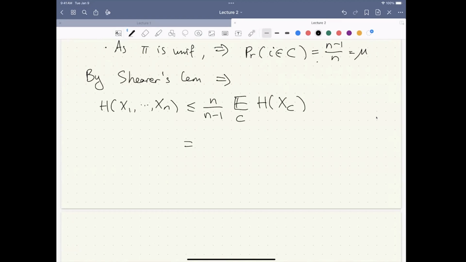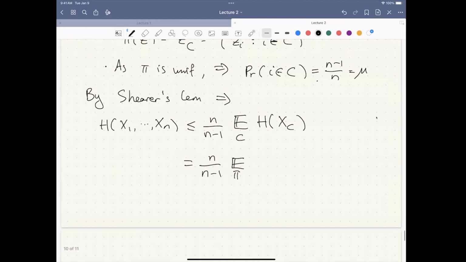This is exactly the same as, by our notation, the random projection C is induced by the random projection pi, right? So it's the same as h of pi of x. These two are the same thing. Pi of x is x_C. That's how we write it.